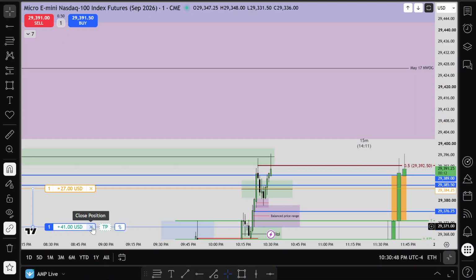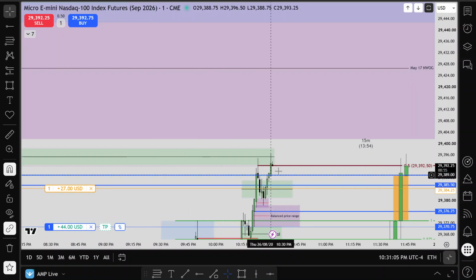Let's close above that 50. Let's close above that 50. 6, 5, 4. Come on. Let's close above. Oh, we did it. We closed above the 50.